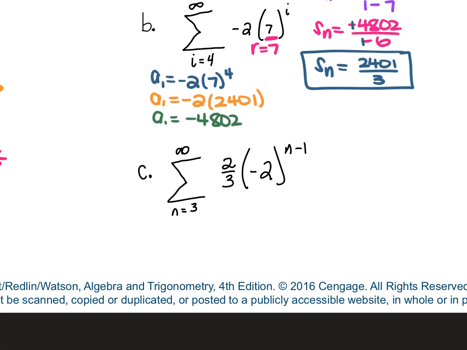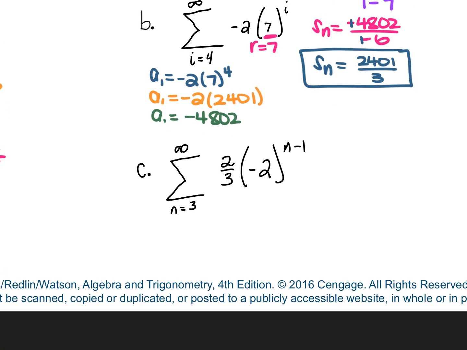For your last question, you're working with the rule 2/3 times -2 to the power of n minus 1. You're starting at 3, going to infinity. So because there's that infinity, we're going to use that S sub n is equal to a sub 1 over 1 minus r. You identify your r first. That's the -2. Next, find a sub 1.